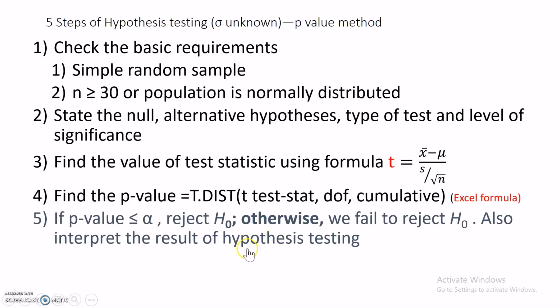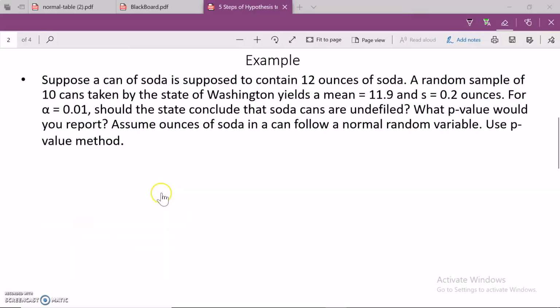Now I'm going to take a real example and demonstrate how this works. Let's see an example. Suppose a can of soda is supposed to contain 12 ounces of soda. A random sample of 10 cans taken by the state of Washington yields a mean of 11.9 and a sample standard deviation of 0.2 ounces.